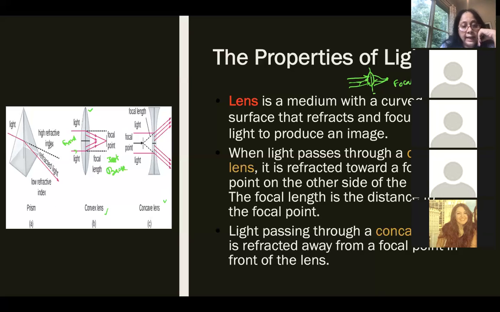When light falls onto the convex lens, it collects all the light and gathers it on the back of the lens at the focal point. That's the characteristic feature of the convex lens.